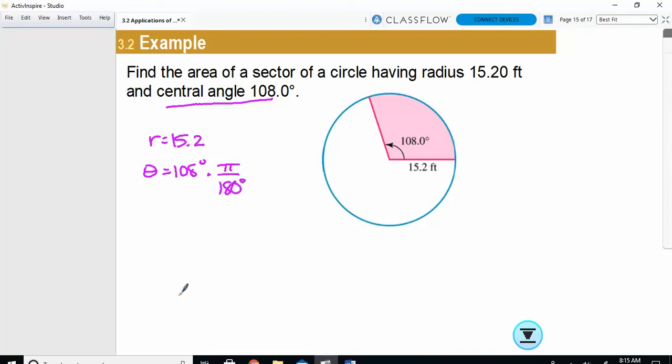Change to radians, so multiply by pi over 180. So we get 3 pi over 5. Everybody with me so far? So then the formula, area is 1/2 r squared theta.